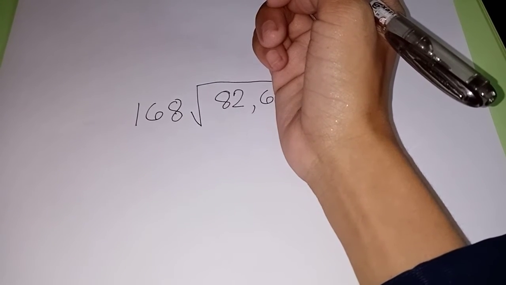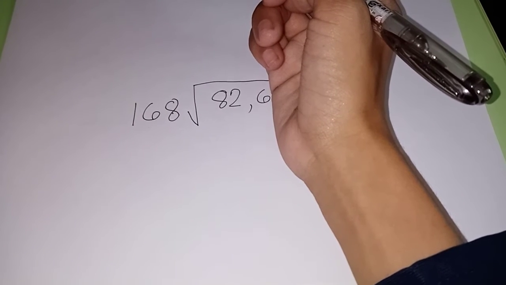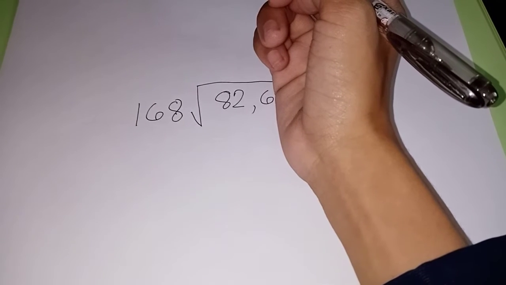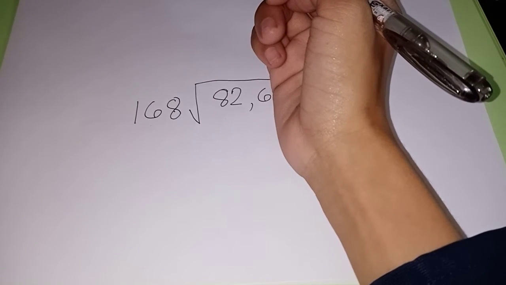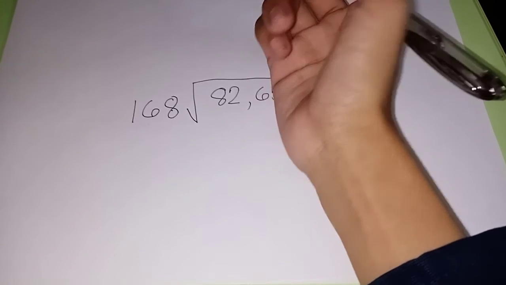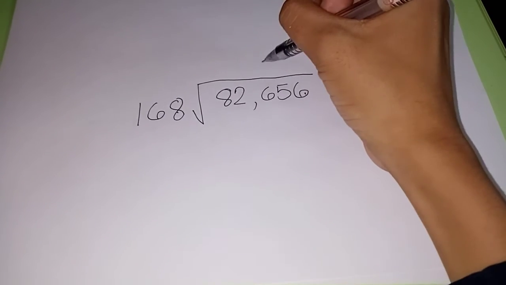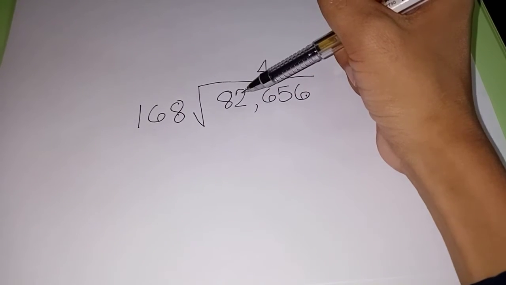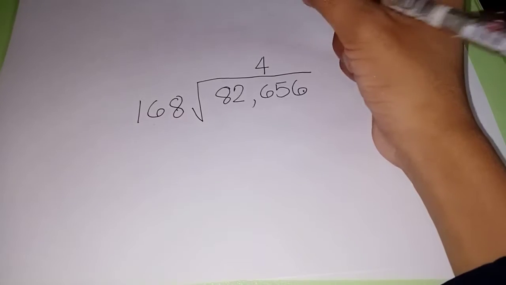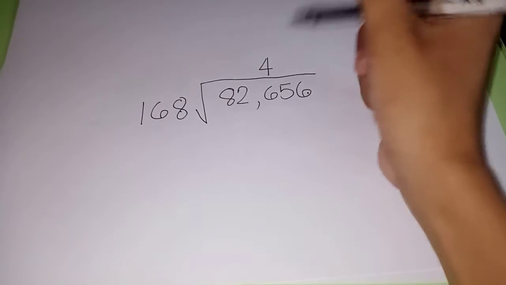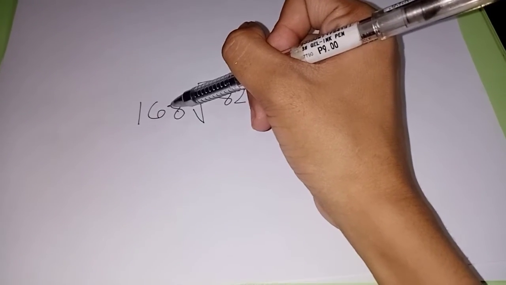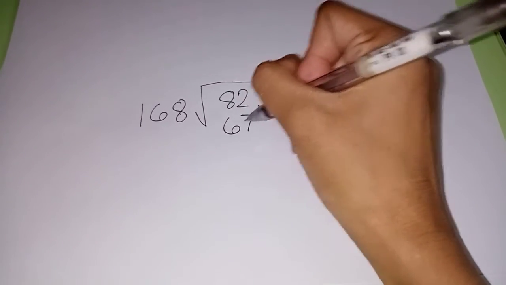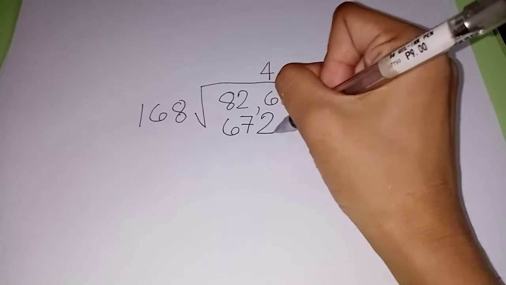How many 168 are there in 826? So let's solve. So there are 4 in 826. So 4 times 168 is equal to 672.